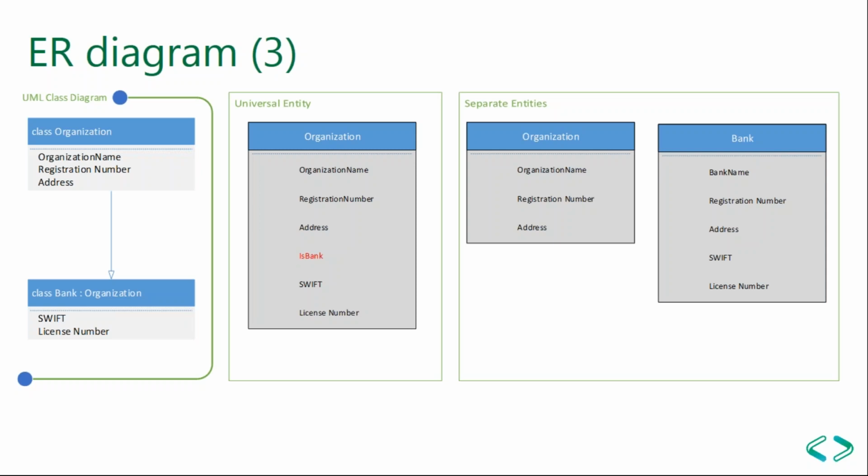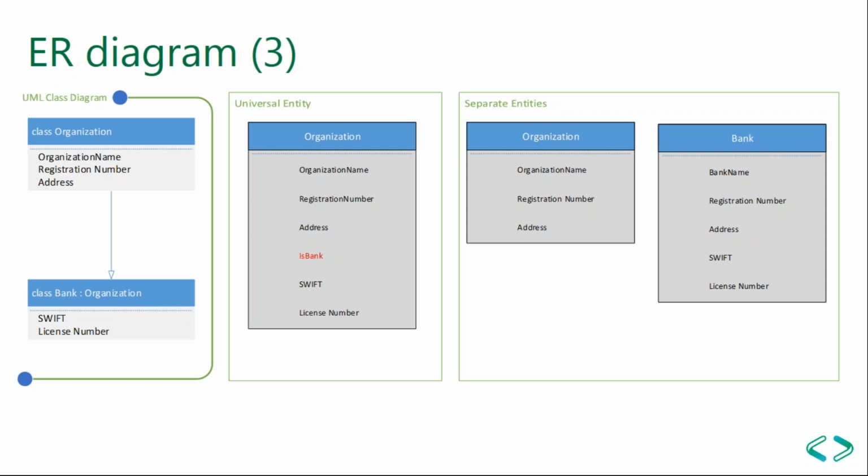So we have two possibilities to implement it in database. We can have one entity. I name it a universal entity. So we have a universal set of attributes for any kind of organizations, for any company that makes software or provides some services, and for banks.